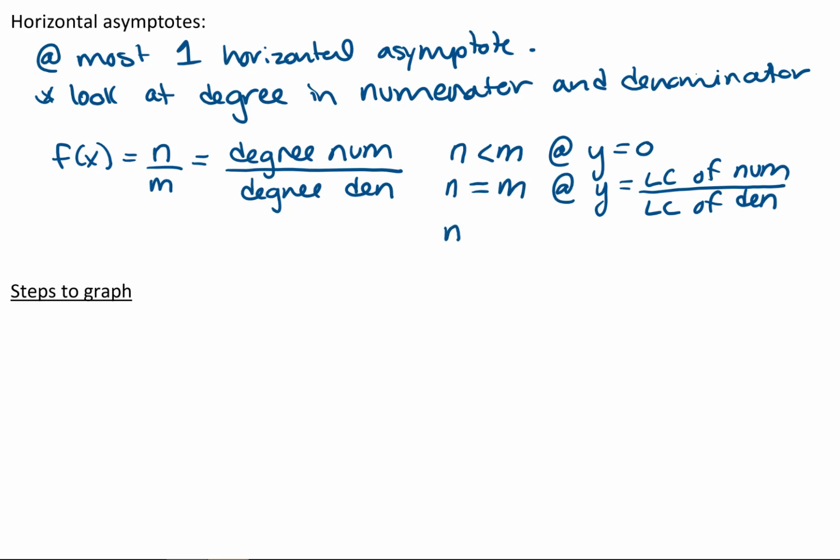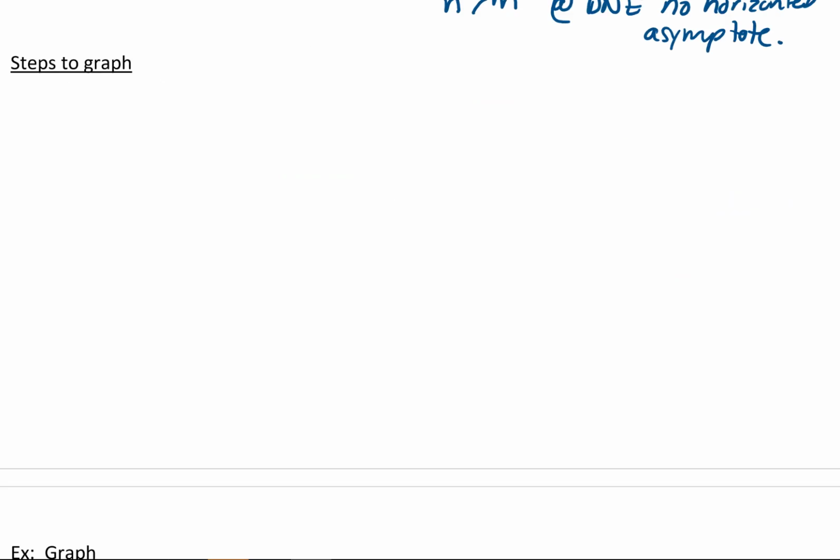And if the degree in the numerator is greater than the degree in the denominator, then the asymptote does not exist. So there's no horizontal asymptote. You're going to need to remember these rules in order to sketch a rational function.